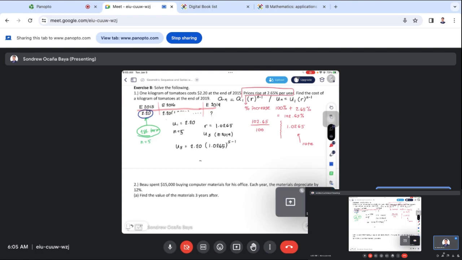Here onwards, you don't have to do it manually because we can just make use of our calculator. So GDC, and then you will get u sub 5 equal to 2.44. And that's it.